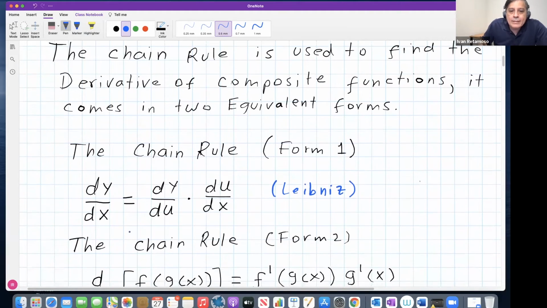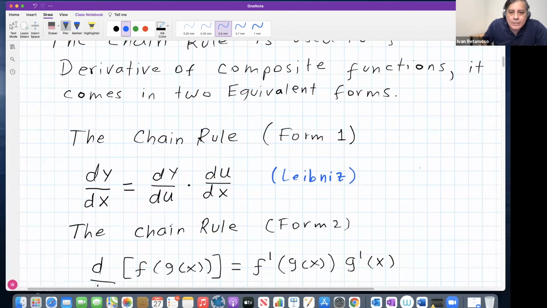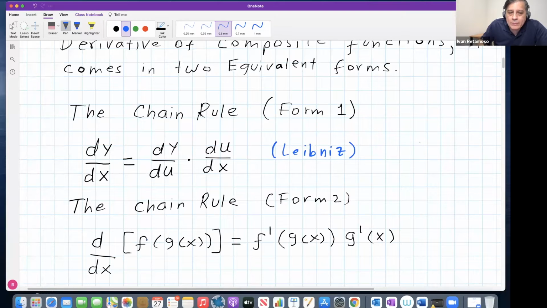Later, we will get more sophisticated and we'll use the chain rule, form 2, which says that the derivative of the composite function f of g of x is equal to the derivative of f evaluated at g times the derivative of g. I will explain this second form in detail later.